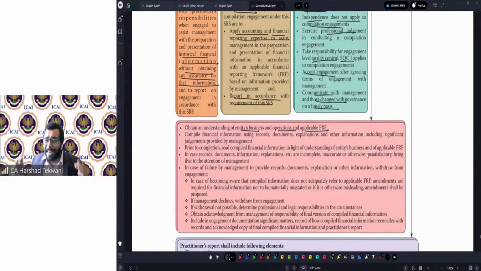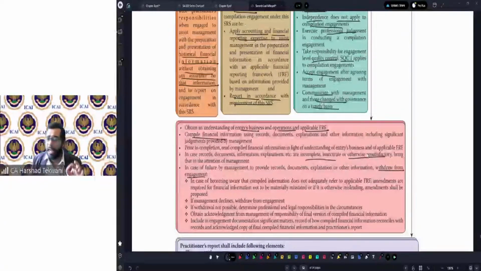So obtain the understanding of the entity's business. Then you need to do compilation of that particular financial information. Now, if you identify an error, if you identify inaccurate financial information, if you are not satisfied, if you feel that the information is incomplete and the compilation would mislead, or there would be an error in the compilation, ask management to rectify. If management doesn't rectify, withdraw from the engagement.